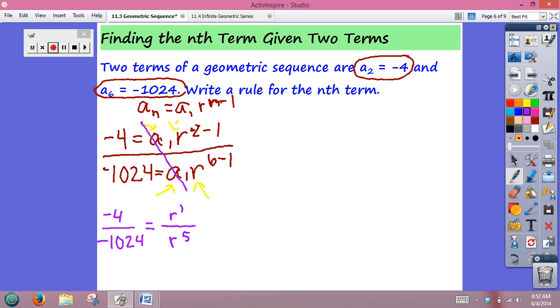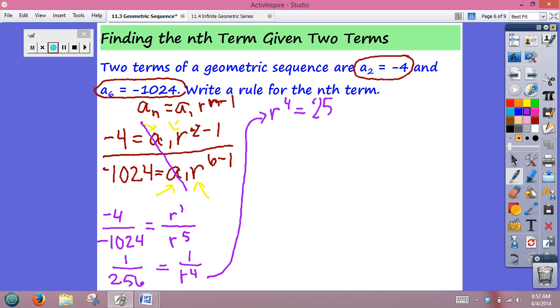And if we simplify that, we get that 1 over 256 is equal to 1 over r to the 4th power. We can use this equation. If we simplify and bring everything up to the numerator, we'll get r to the 4th power equals 256.